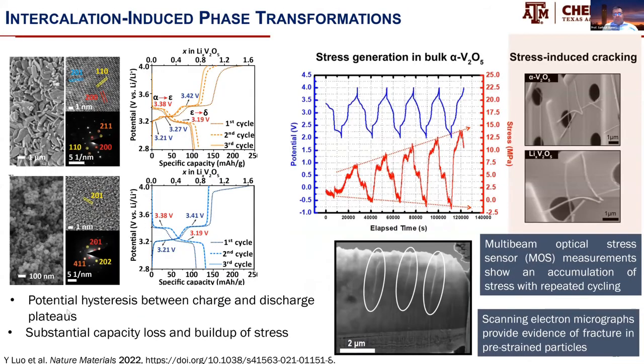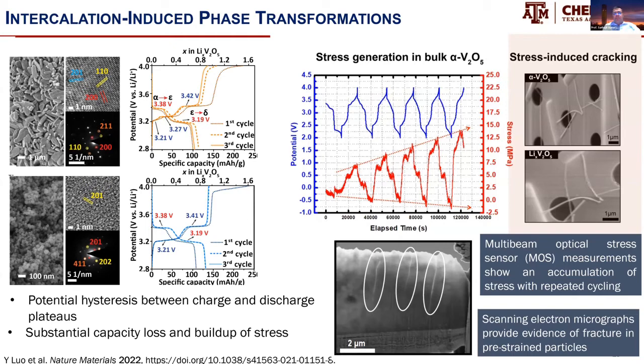So this is work we've just published a few weeks ago, and you can see here with larger particle sizes, again, stress gets built up. This is another example of taking a thin film, and after a couple of cycles, you see the fracture happen and cracks propagate through the motif.